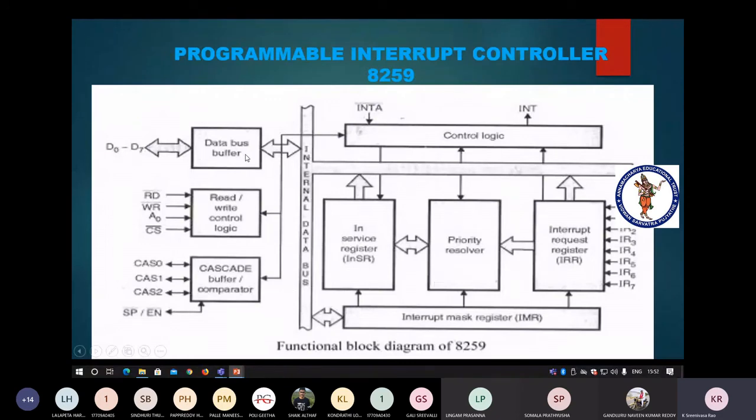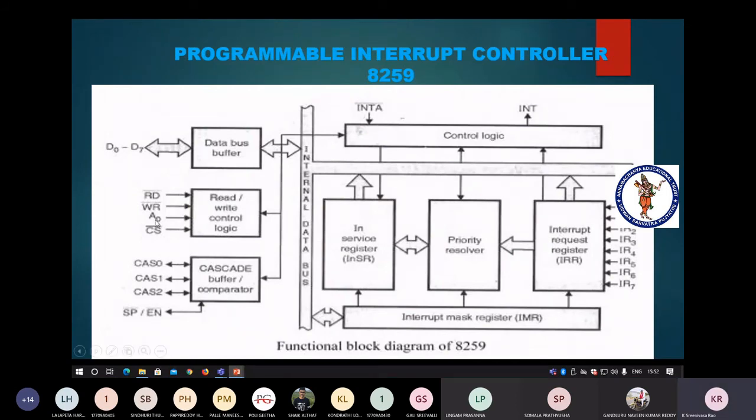Next, coming to the data bus buffer, you know that. You have to transfer or receive data through this. Next is chip selection, read and write control logic, which is responsible for controlling the entire operation. Whenever chip select equals 0, the 8259 is selected. Otherwise, the 8259 is not selected.